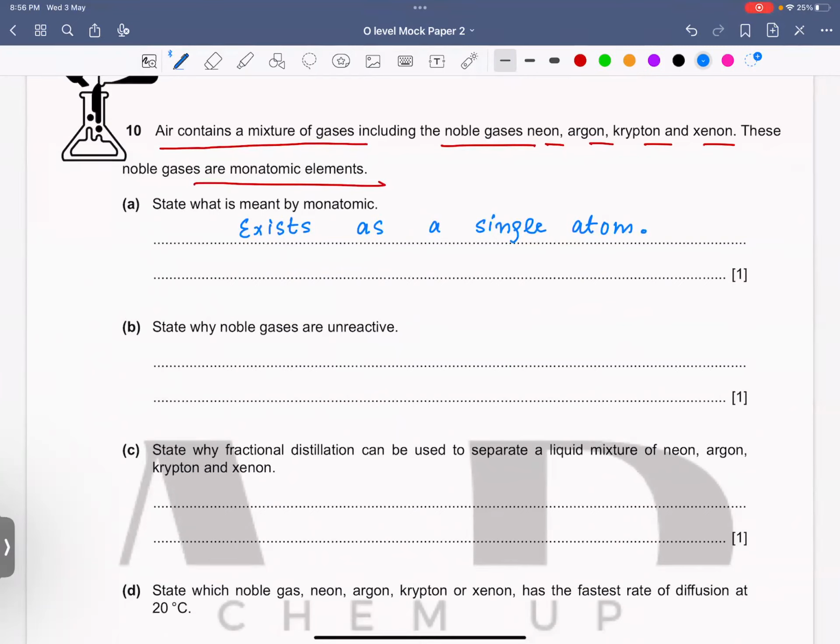They are normally called monoatomic molecules as well. For a noble gas being unreactive, we can write that the valence shell is complete, or the valence shell has a complete octet.